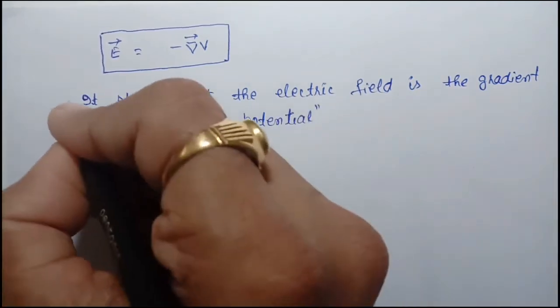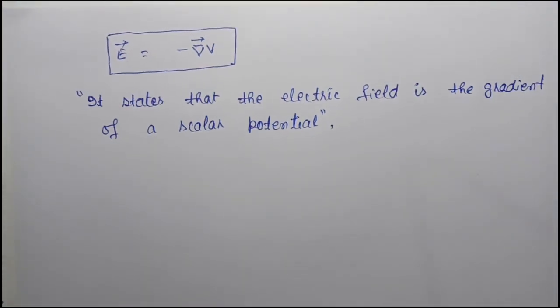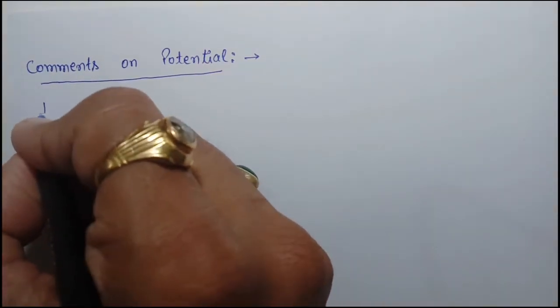So it states that the electric field is the negative gradient of a scalar potential. So this is the electrostatic potential. Next, in continuation of electrostatic potential, we will discuss comments on potential.